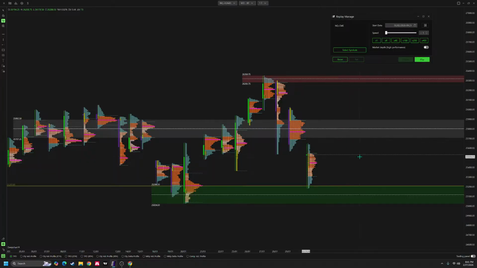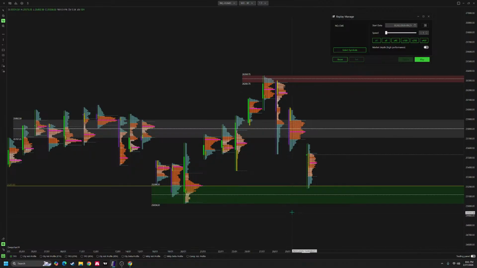Then maybe coming back down and retesting the value area high down here before coming up to, I don't know, the value area high before coming back to the point of control, before moving all the way up to test this or return to this range here before maybe pushing back down or going back up.